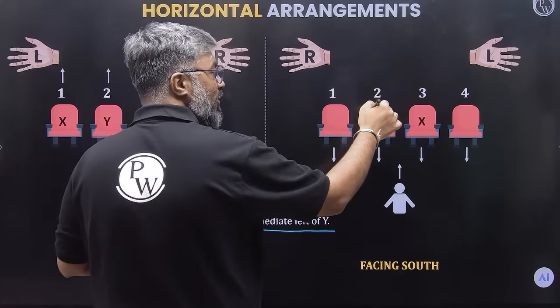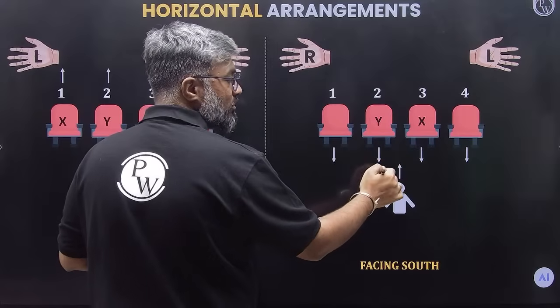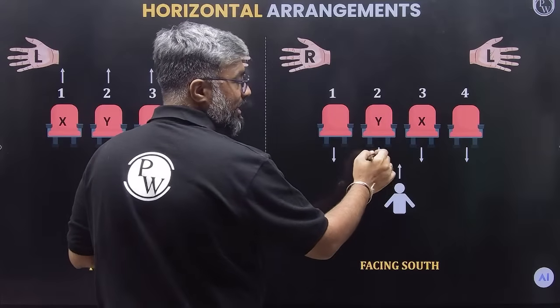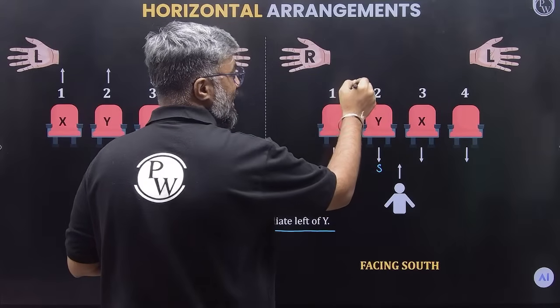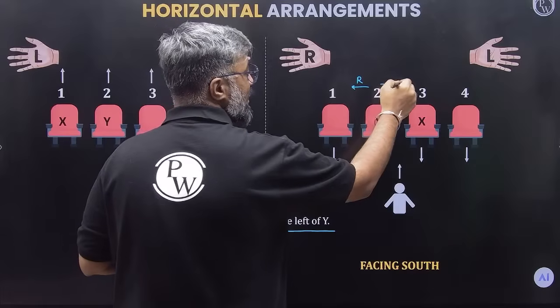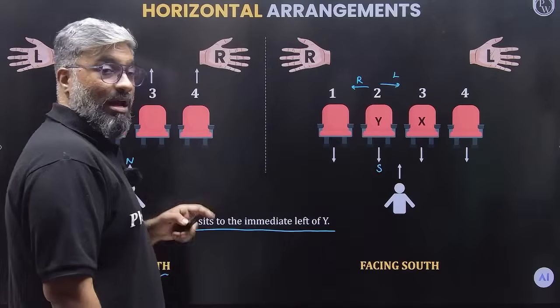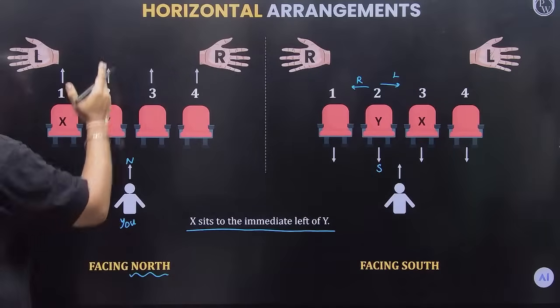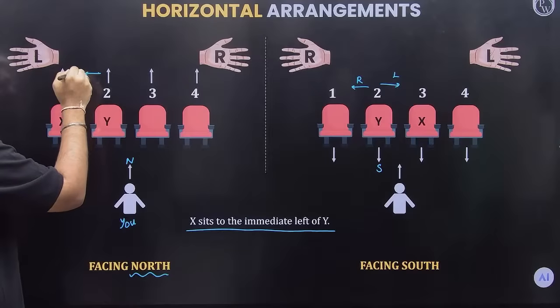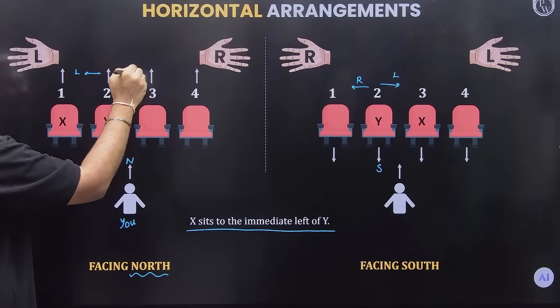For Y, when he is facing south, this side becomes right for him and this side becomes left for him. However, when Y is facing north, this becomes left for him and this becomes right for him.